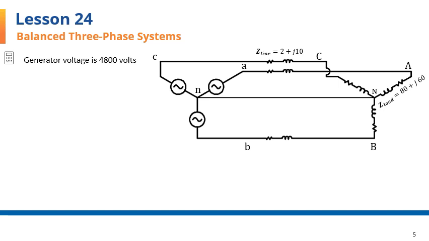Since for any power system we are allowed to assign one voltage as a reference voltage with zero phase angle, we might as well take the 4800 volts with zero angle to be VAB. Here it is, VAB equals 4800 volts, and it's implied that its phase angle is zero.